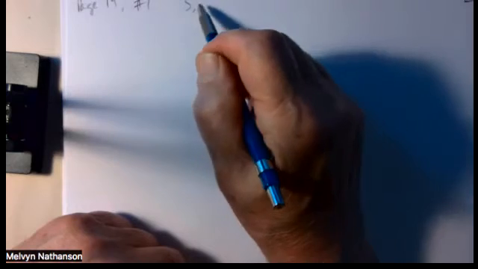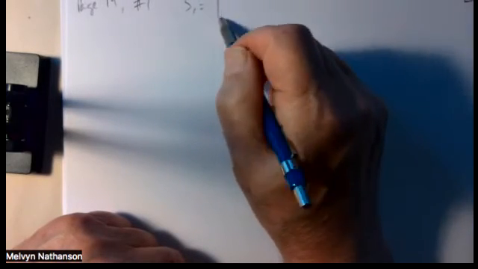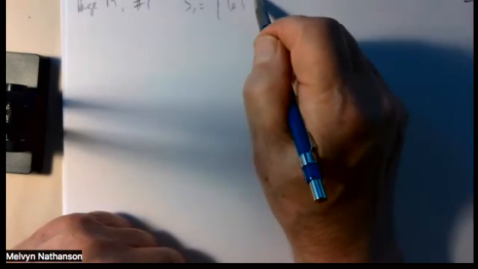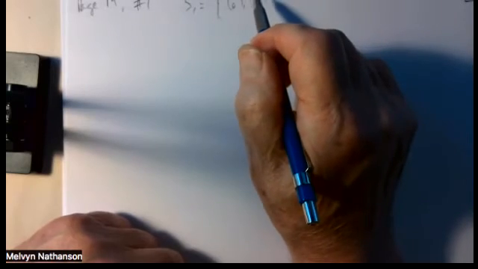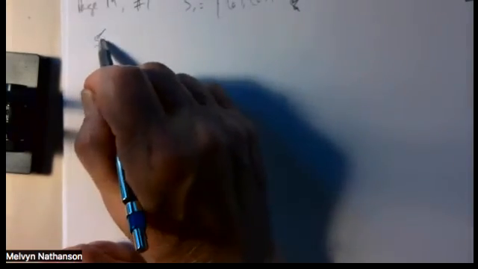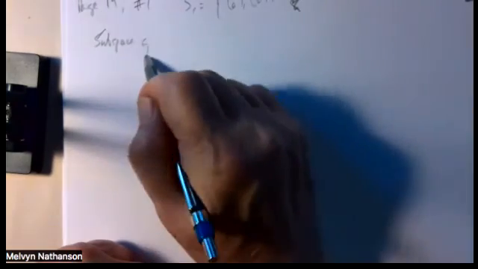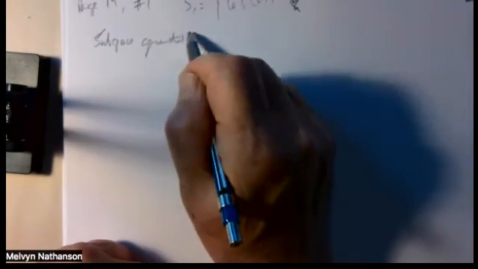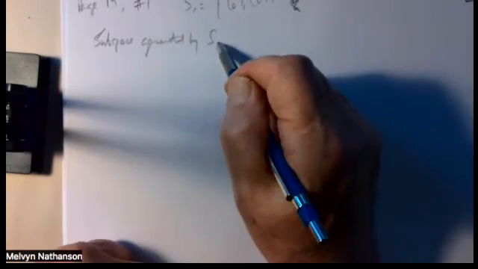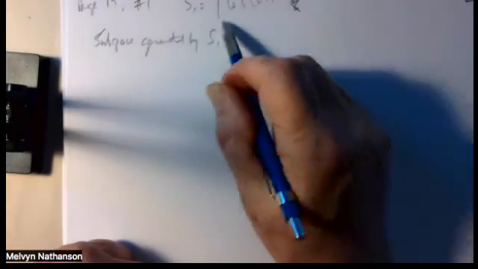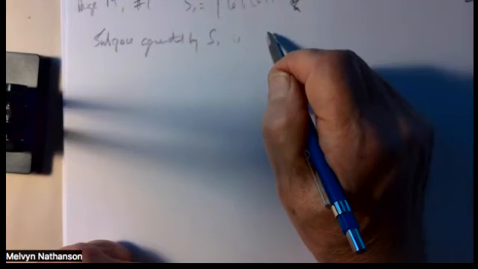So S1 consists of the two vectors 1, 0 and 0, 2. And the subspace generated by S1 is the set of all linear combinations of these two vectors, x times 1, 0 plus y times 0, 2.